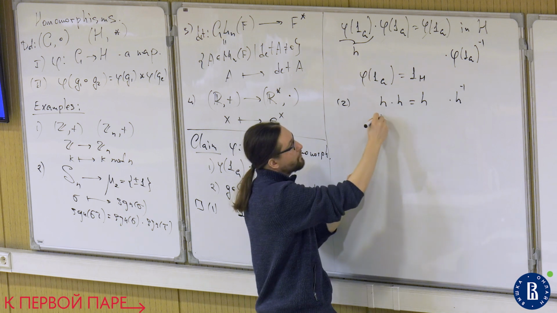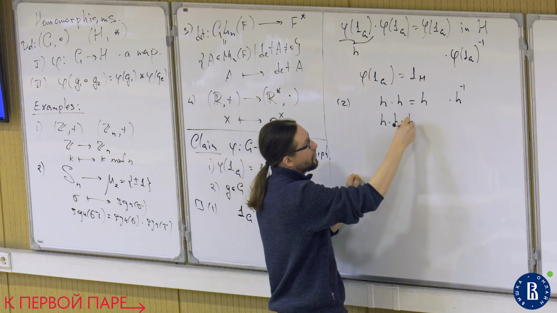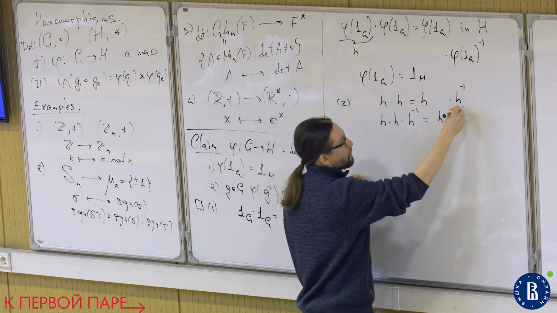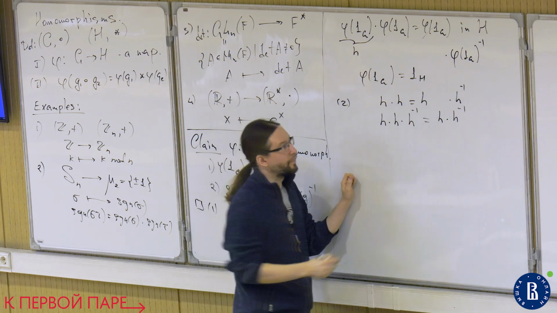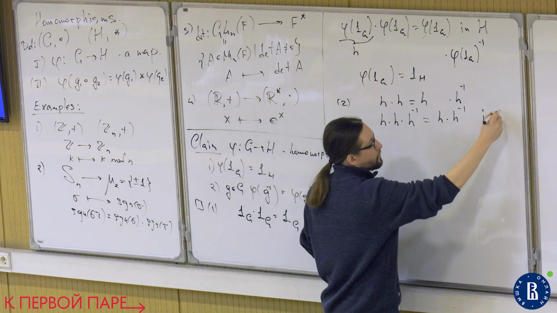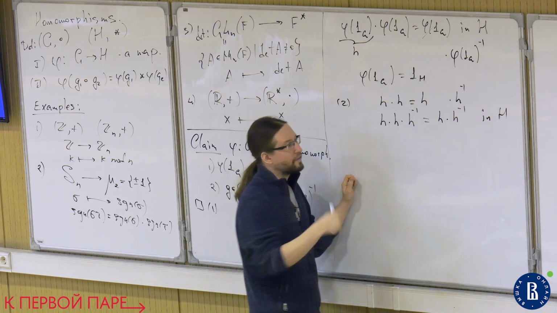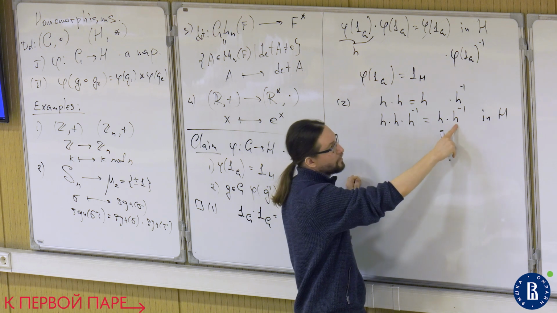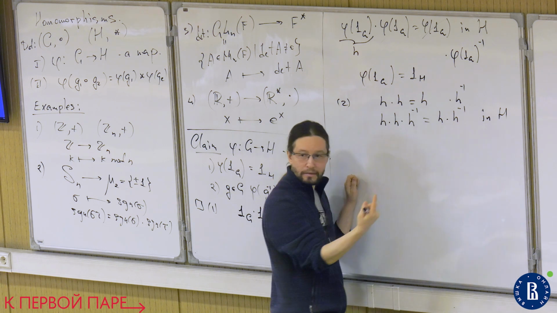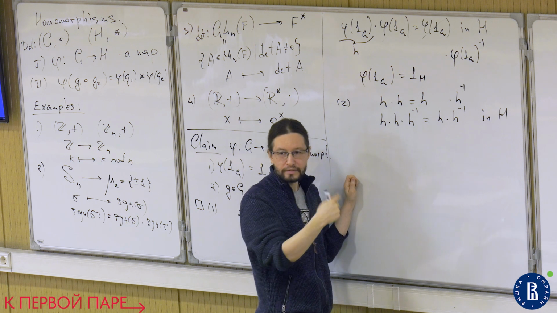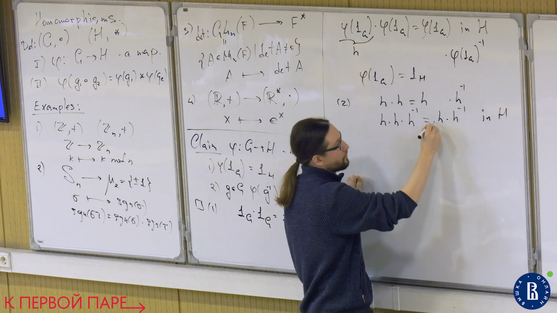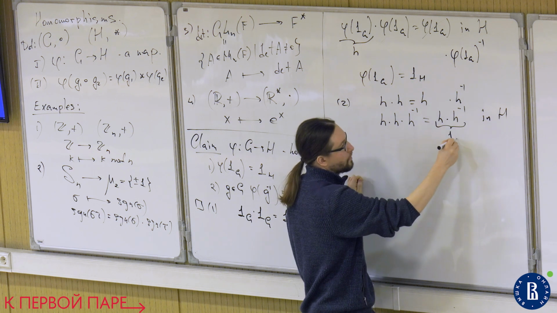Then what you have on the left-hand side is h times h inverse equals h times h inverse. And this is an equality in the group H. By the definition of the inverse element, the product of h and h inverse is the neutral element of the group where these elements live. And these elements live in H, so this product must be the neutral element of H.